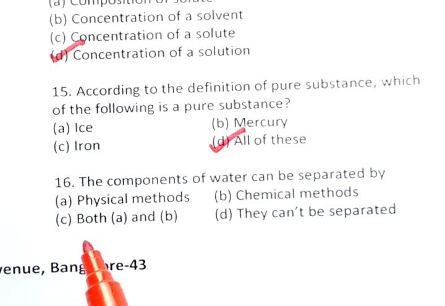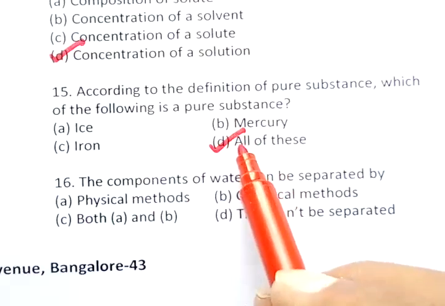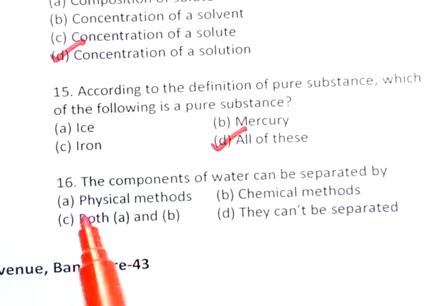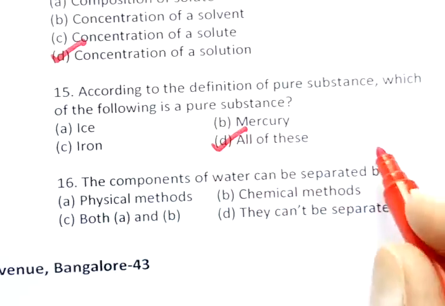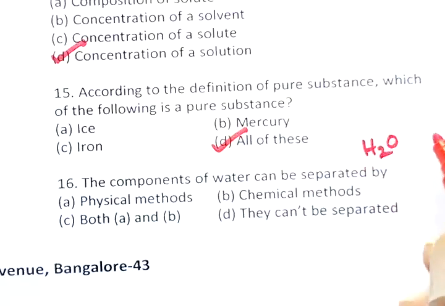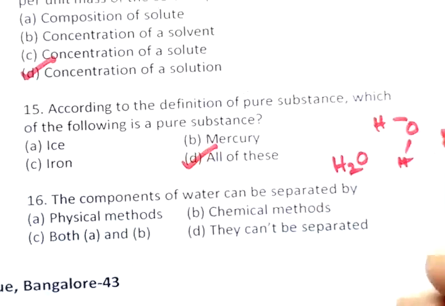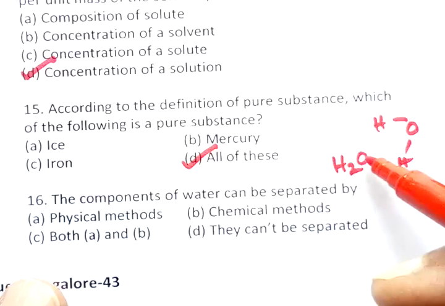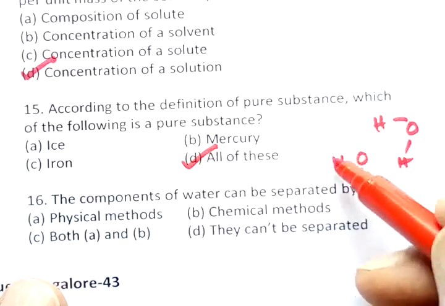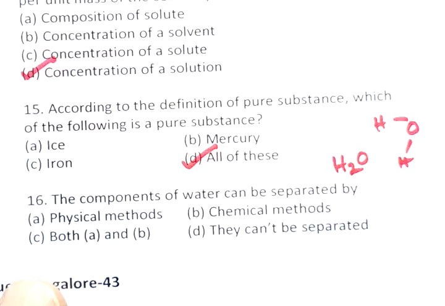16th one. So be careful. This kind of things also you should. 16th one. The components of water can be separated by. Water is H2O, that is, it consists of 2 hydrogen and 1 oxygen atom. Whether it is in ice form or water form or vapor form, H2O is a molecule.